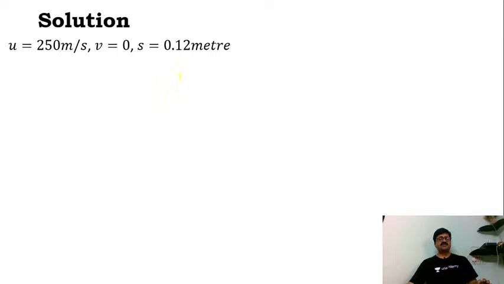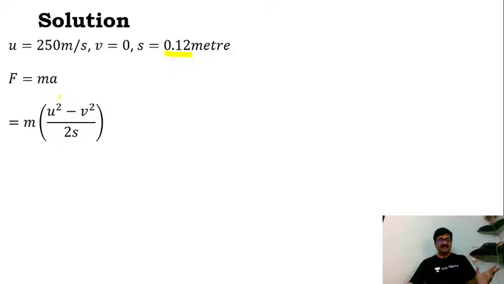And s is the displacement, and they have given the traveling distance as 12 centimeter, which is 0.12 meter here. Accordingly I can write F is equal to m into a, where a is the retardation here. So it is minus of (v square minus u square) by 2s, or I can write this as (u square minus v square) by 2s.